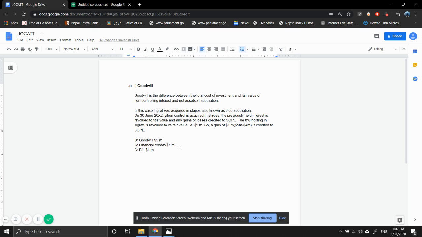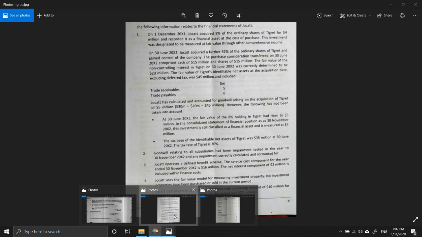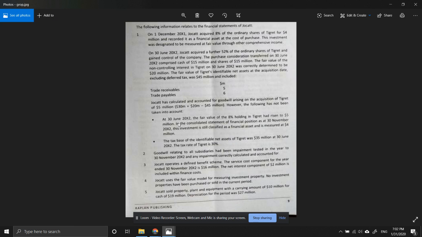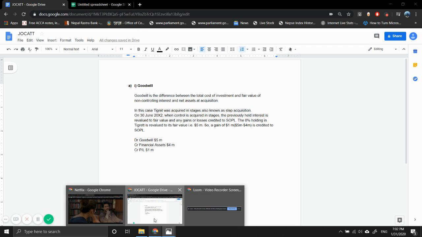And then where is the other three? So now it's moved on to 10 million, right? So the goodwill has a balance of 10 million. So we need to talk about the deferred tax thing as well, okay?